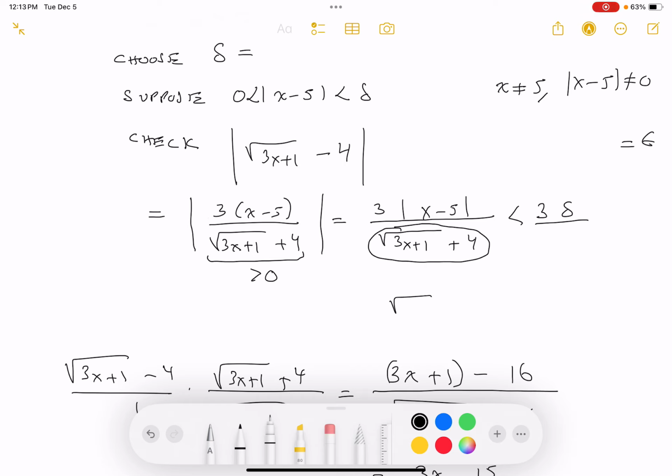So let me write this over here. The root of 3x plus 1 plus 4 will always be greater than 4. All right? It'll always be greater than 4, on the domain, anyway.